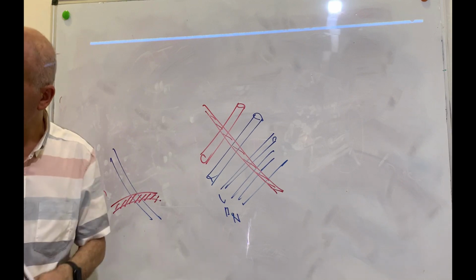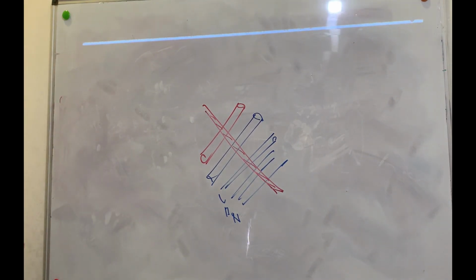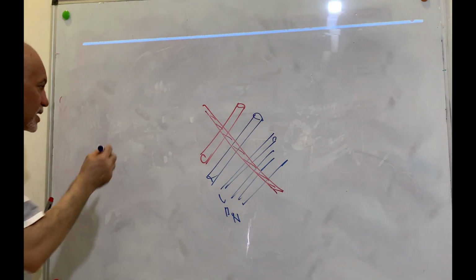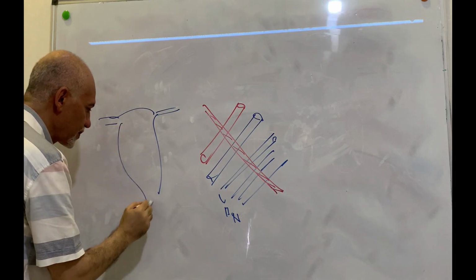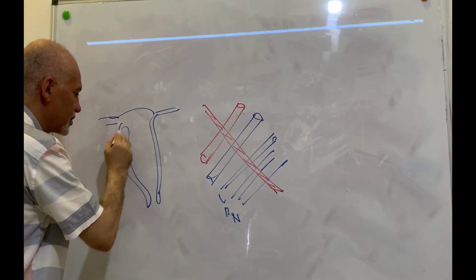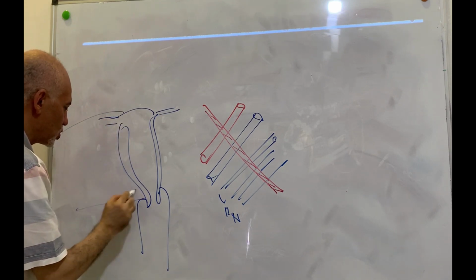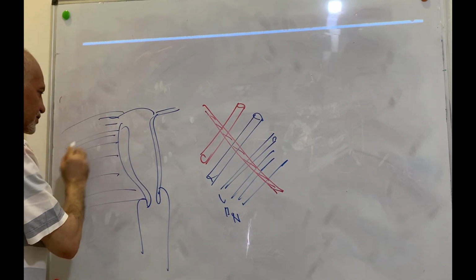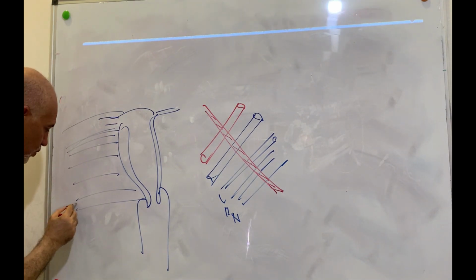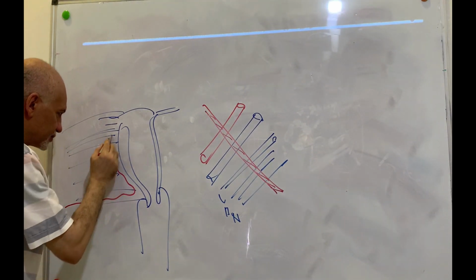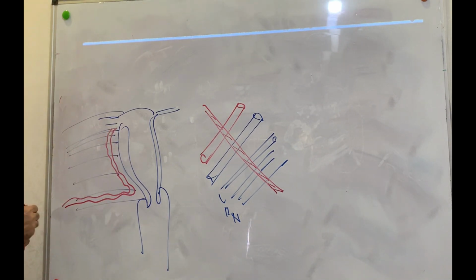But in female, very important. Suppose this is a uterus in female, and this is a vagina. There is a ligament in female called the broad ligament. The uterine artery supplies the uterus.